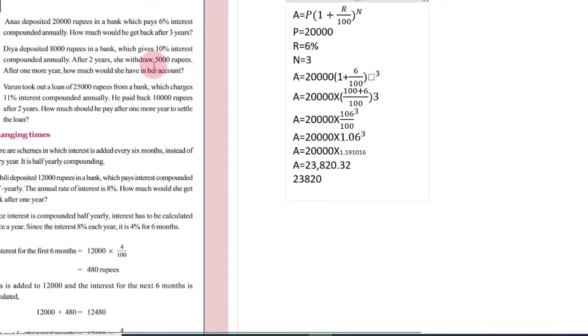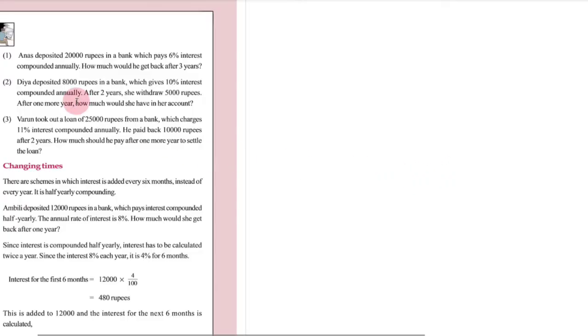Then the balance amount gets the same 10% interest for the next year also. Then how much would she have in her account after 1 year? How much amount should she have in her account? So the amount Diya deposited is 8,000 rupees. So first we are going to write that as P.